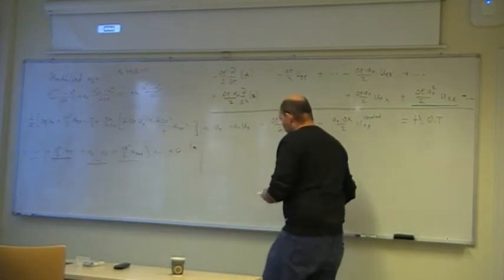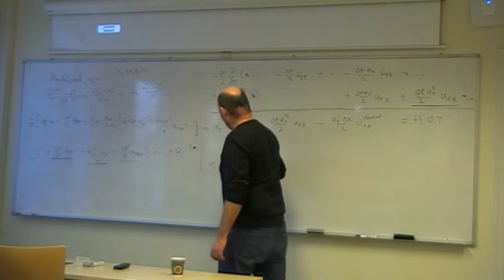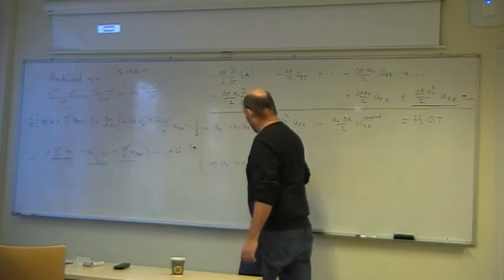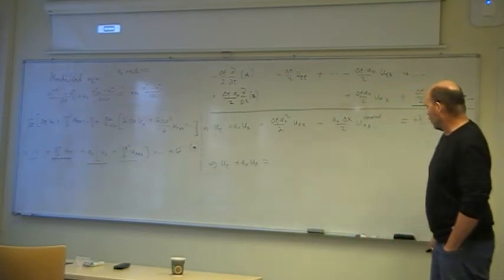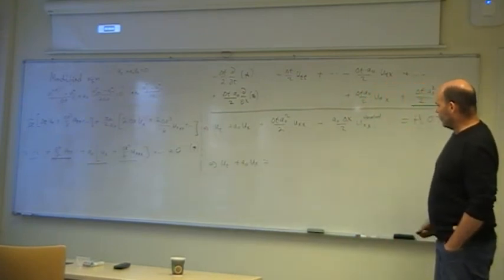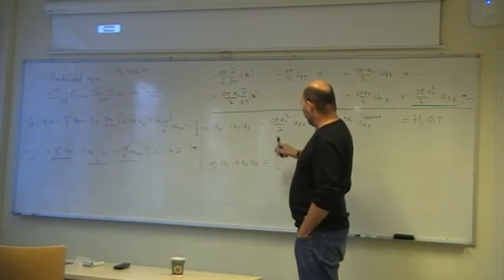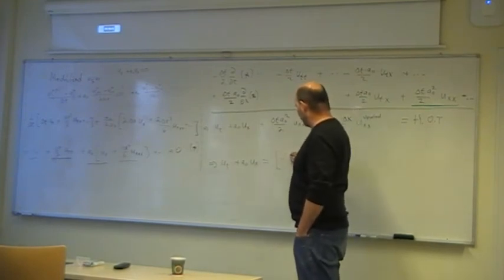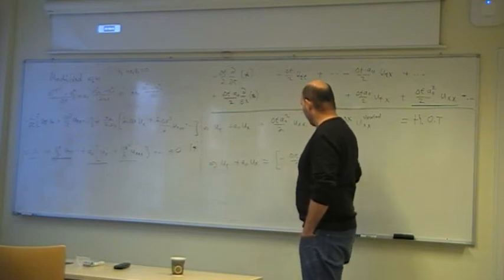We write the equation like this. Time derivative plus a0 space derivative equals, and then throw these terms on the other side. What will it be? This one will become negative, minus delta t a0 squared half.